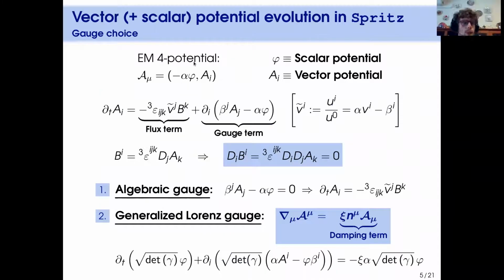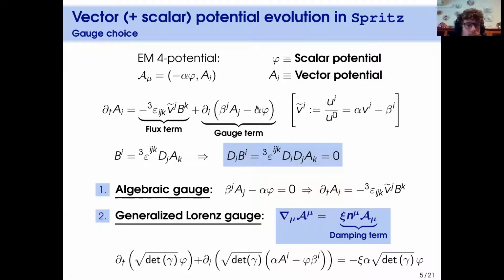As I mentioned, Spritz features a vector potential evolution in order to solve Maxwell's equations. We start with an electromagnetic four-potential, which is written in terms of a scalar potential and a vector potential.